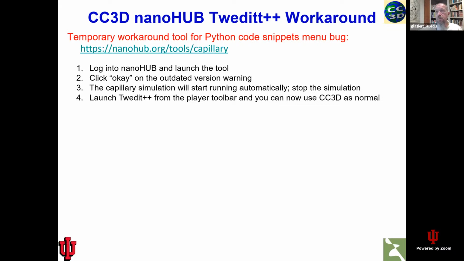And if you start running in Capillary and then launch Twedit there, it'll work. And we apologize that there's a bug with the main version of the tool. The tools are identical. And so this is an effective workaround. People who are using NanoHub, please log in now and go to that capillary demo and bookmark that so that you have it available for the rest of the class.